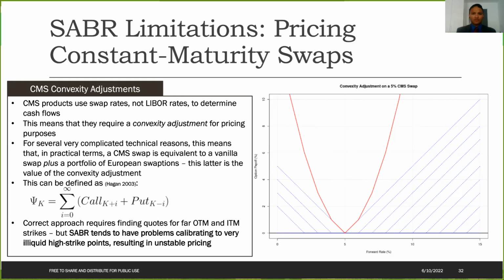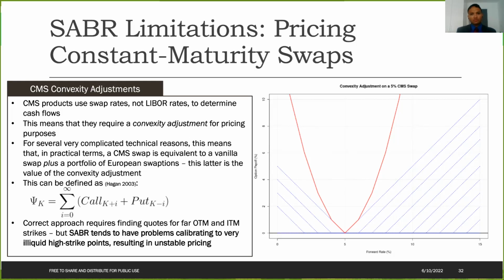So to price the convexity adjustment properly, you have to get quotes from the market: what's the implied volatility for a swaption at the 10% strike on a 3-month tenor? 10%? Seriously? Who buys options at 10%? Nobody. So you get these very illiquid points really far out, deep in the money and deep out of the money, where you have to get quotes.